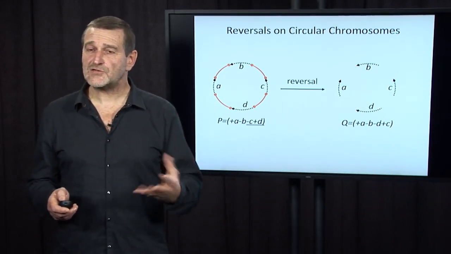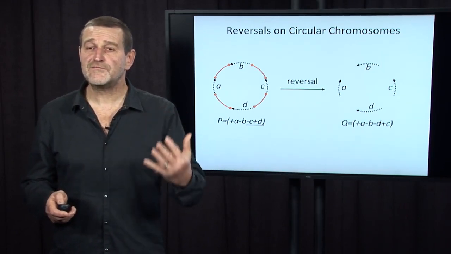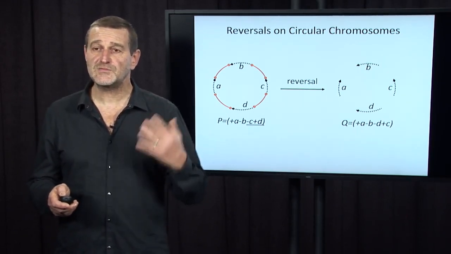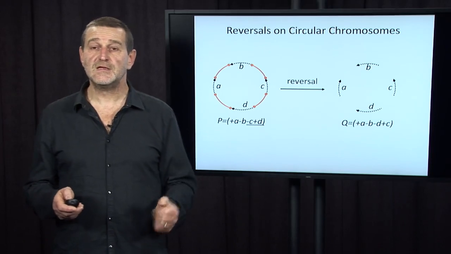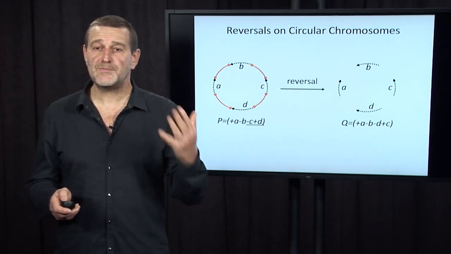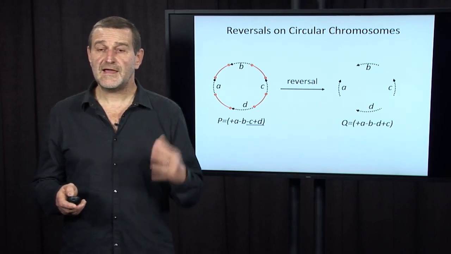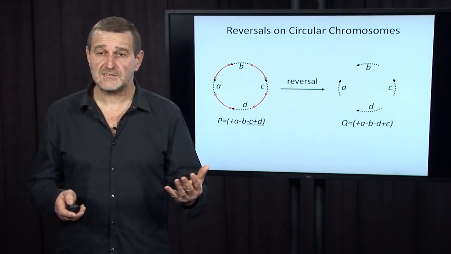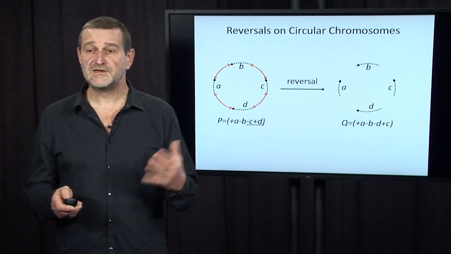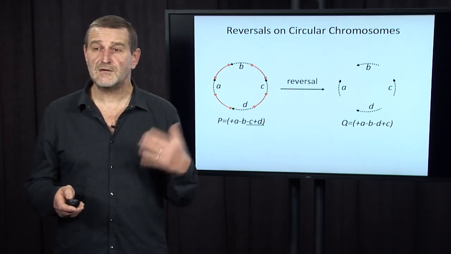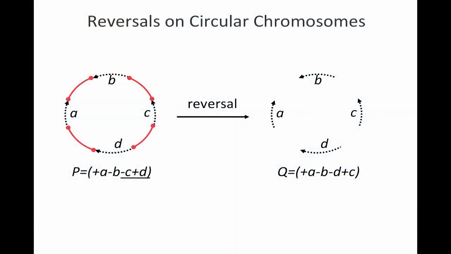Now let's try to figure out how a reversal looks in terms of these graphs. So we start with genome P, plus A, plus B, minus C, plus D, and let's make a reversal on this genome, resulting in plus A, minus B, minus D, and plus C. How will this new genome Q look in terms of our graph model?